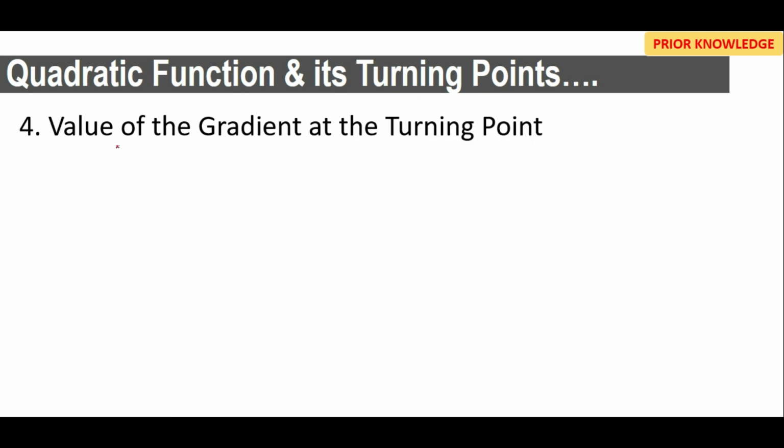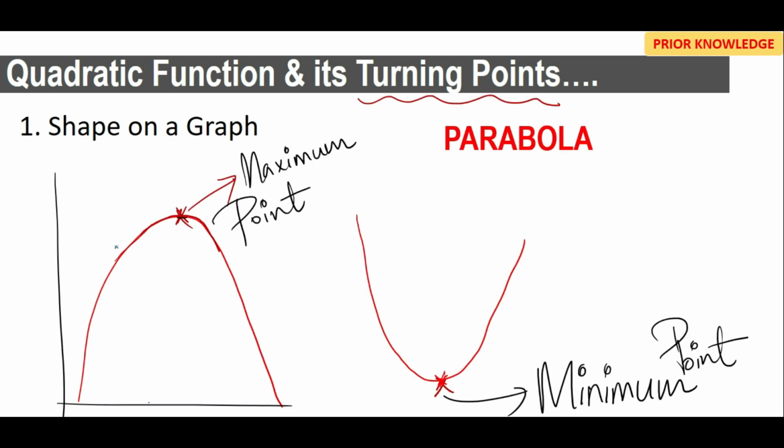Now talking about the value of the gradient at the turning point, here you can see a positive gradient, and the function here shows a negative gradient. And at this point you can see the change of gradient from the positive to the negative. At this point the gradient is equal to 0.